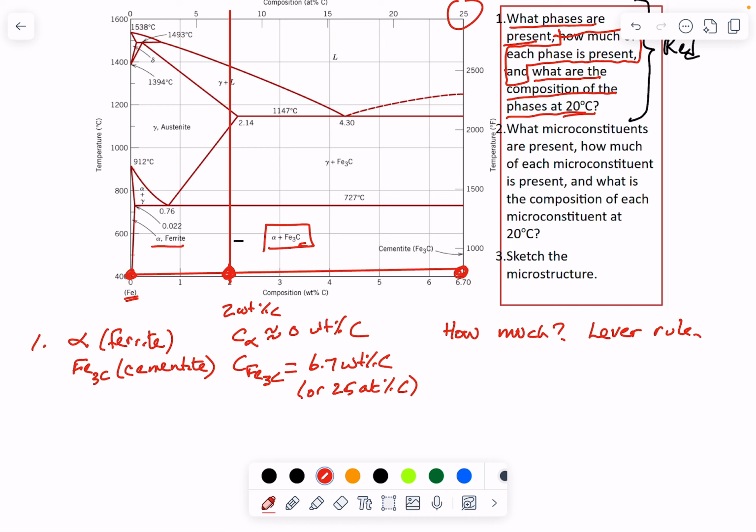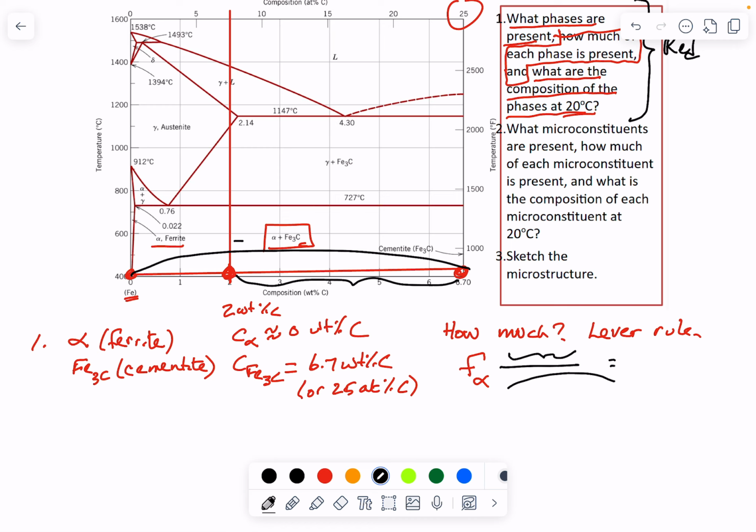The fraction that is alpha, because we have two things present, alpha and Fe3C, will equal this line segment length divided by this line segment length. I'm going to put exact numbers in it.